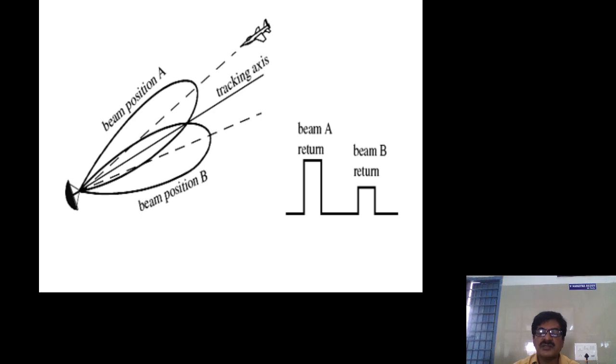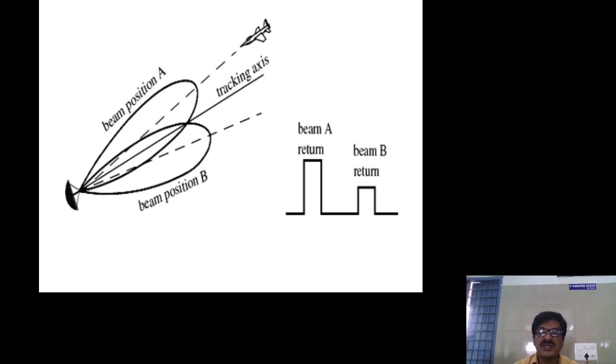Whatever number of positions you consider while tracking the target, the placement of the radiation pattern in each position happens in a sequential manner. That's why it is called sequential lobing. Finally, if the target is on the tracking axis, the amplitude of echoes returned for every radiation pattern position is equal.